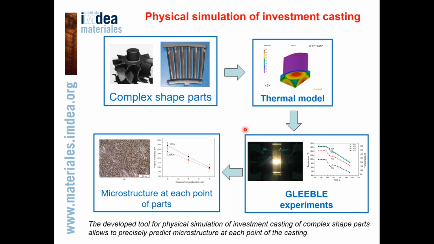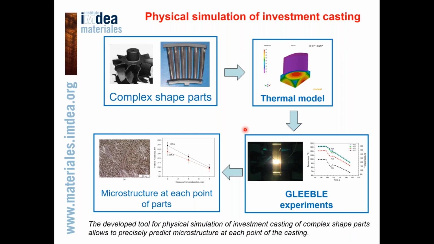So how can it be used? For example, we want to dissolve the gamma-gamma prime eutectic pools in the as-cast part via heat treatment. The larger the gamma-gamma prime eutectic pools are, the longer treatment is required.